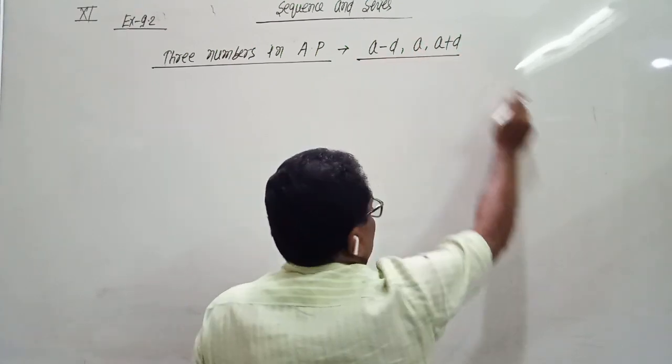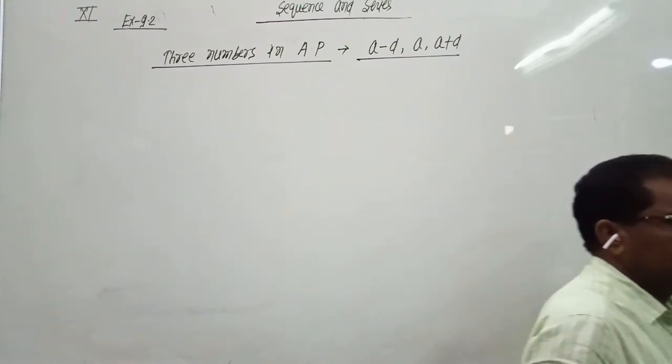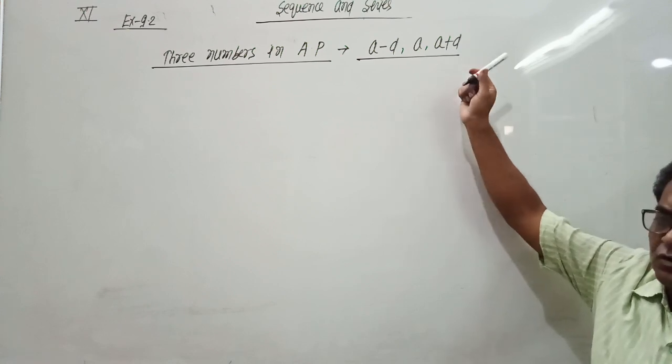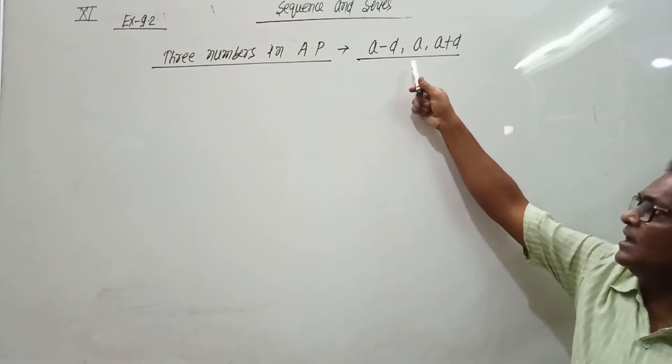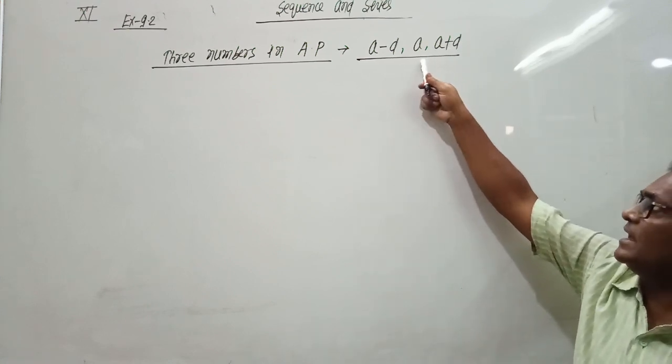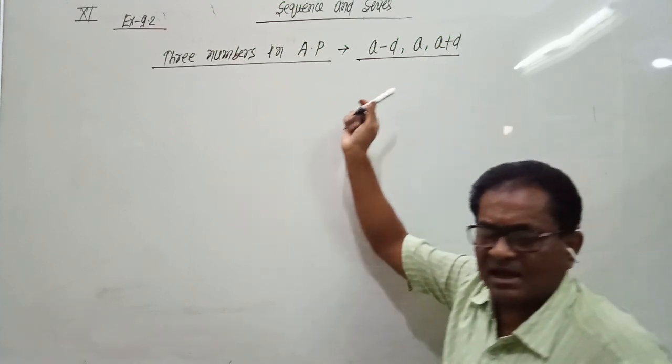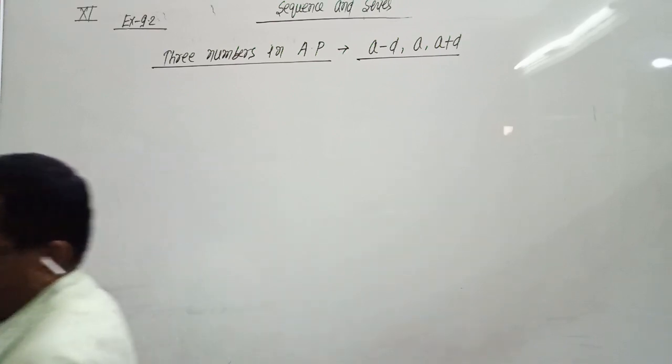Suppose we have to write three numbers in AP, then for convenience we choose the three numbers in AP as a minus d, a and a plus d. Here a is the first term and d is the common difference.